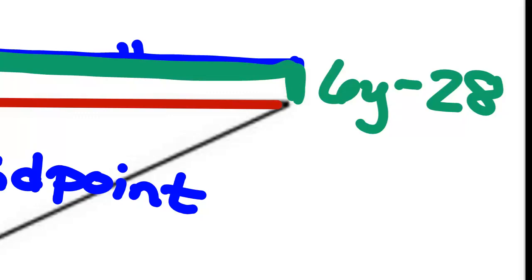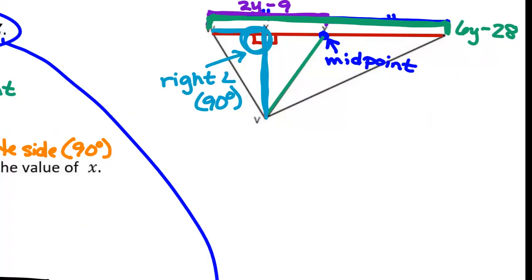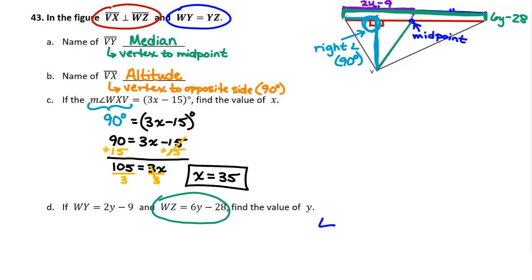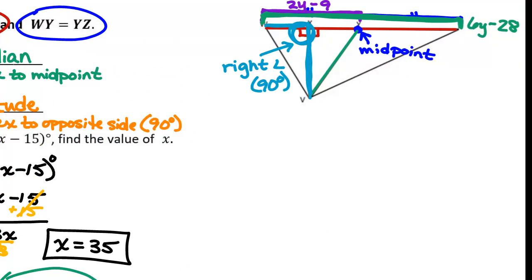We knew from up here that WY and YZ were the same size, but what is the relationship between WY and WZ? What do we know about these two again? They're equal. So what would I need to do to this if I wanted to get the whole thing? Multiply it by 2.